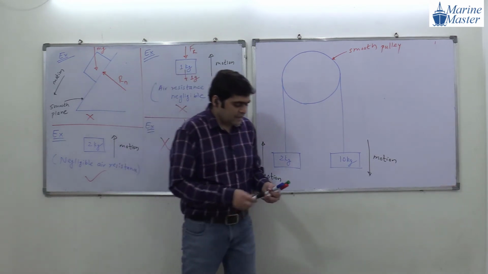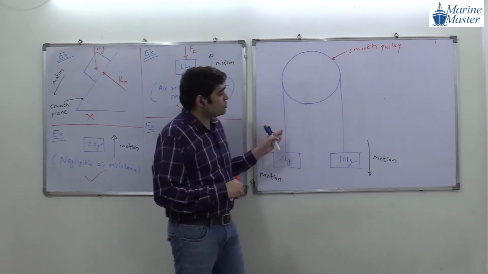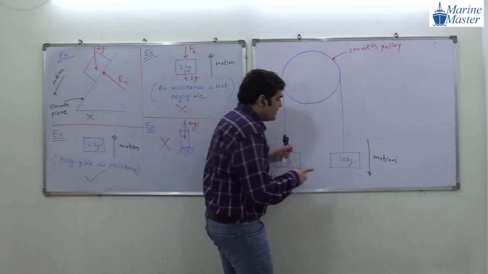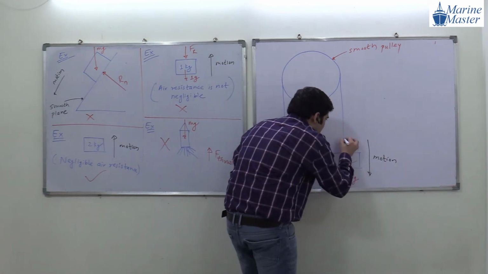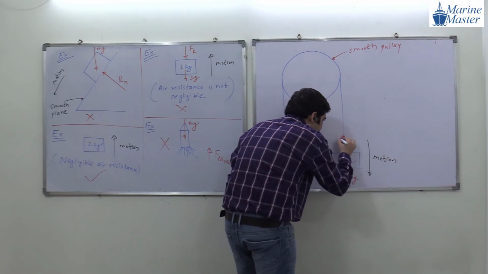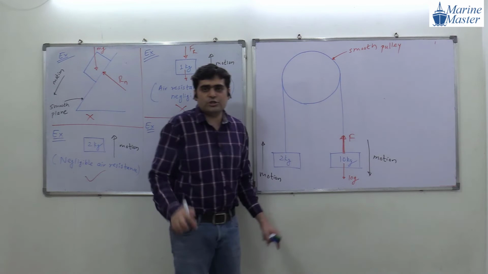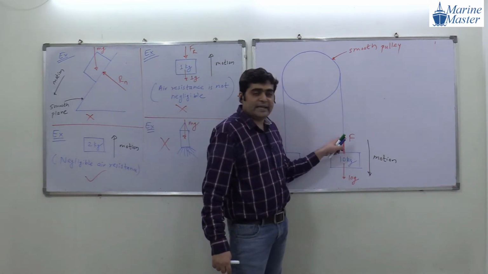See guys, if you observe this, there is the force of the rope. On this 10 kg mass, its weight is 10g, but on this side there will be tension. So on this 10 kg mass, two forces are acting: its weight and tension.